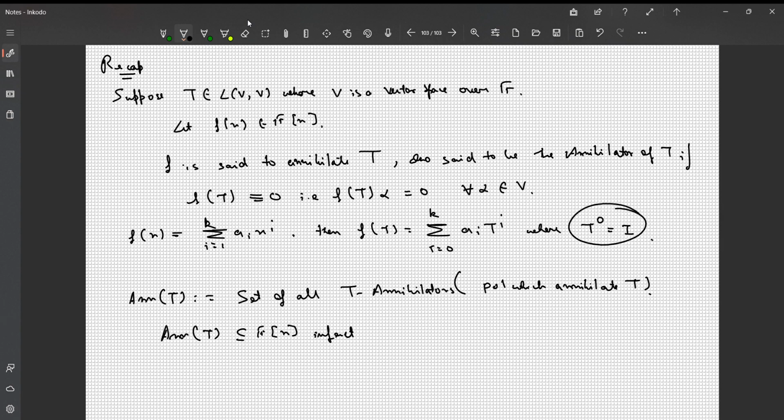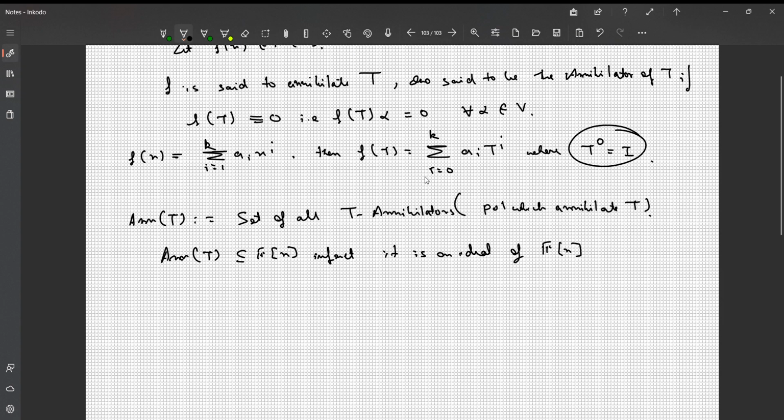In fact, it is an ideal of F[x]. That's pretty easy to observe, because if you consider, let's say, two polynomials f1 and f2 from the annihilator set, then f1(T) is identically 0 and f2(T) is identically 0.